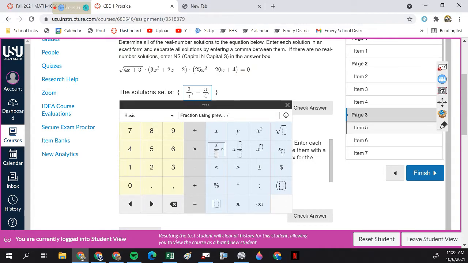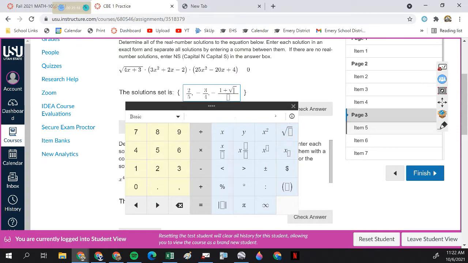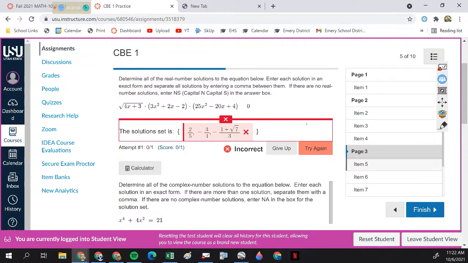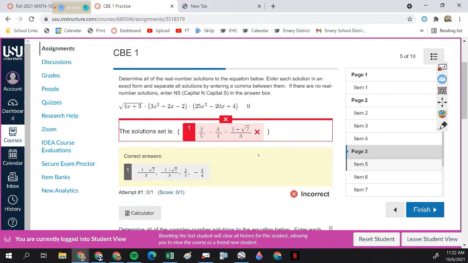And then what was the other one? Negative 1 plus the square root of 7 over 3. Thank you. I'll just give up. Yeah. So notice it only had one copy of 2/5, so you don't need to list it twice.